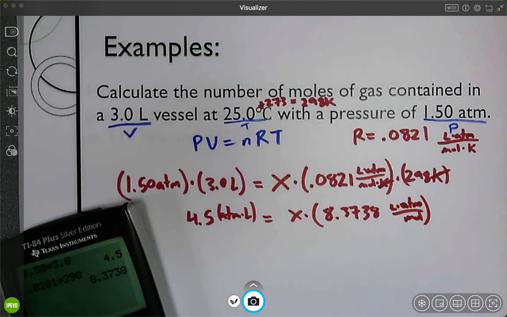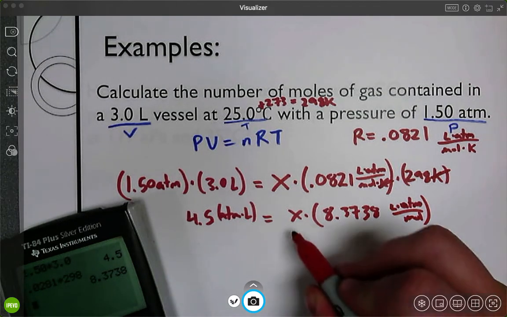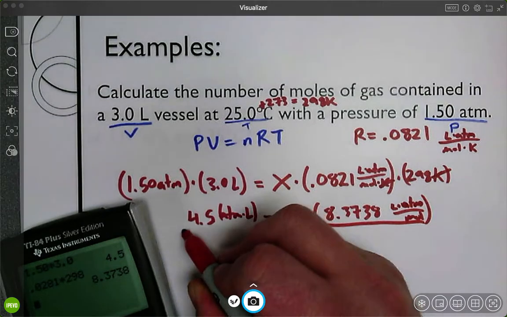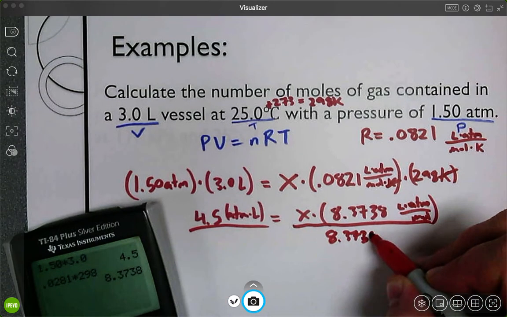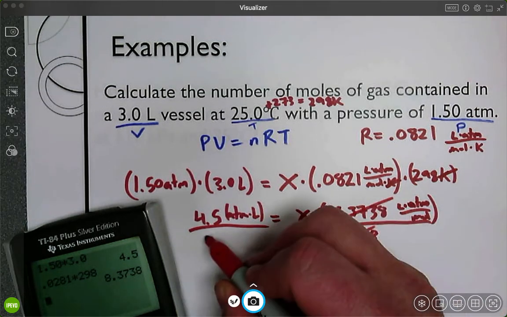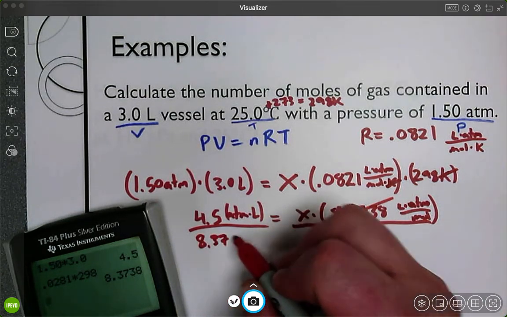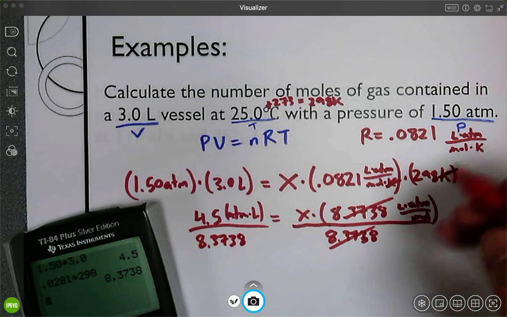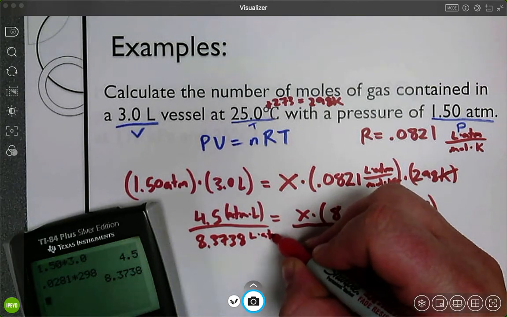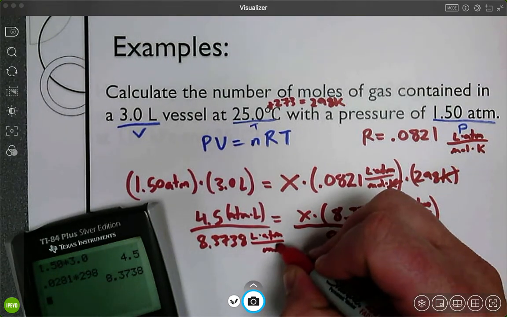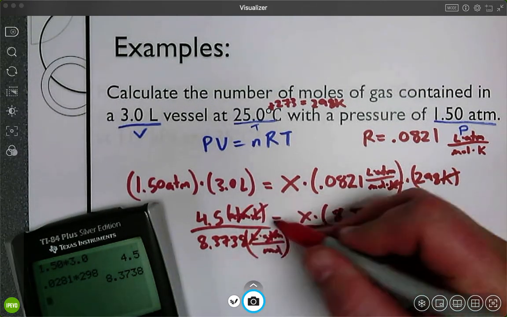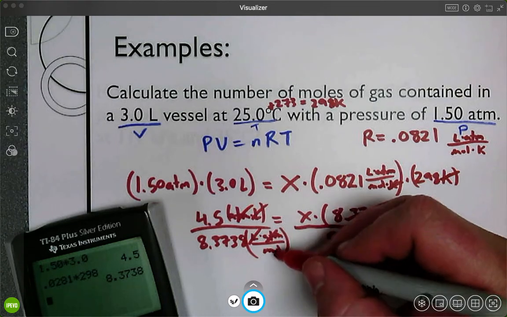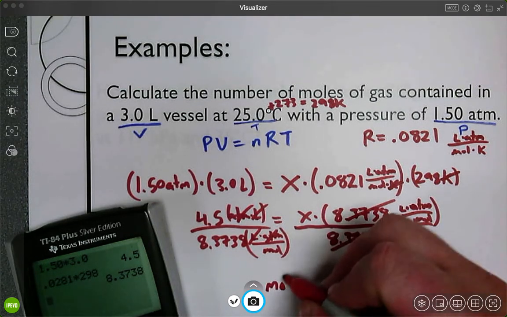Now I'm going to try to get X all by itself, so I'm going to divide both sides by 8.3738. Now the liters cancel, the atmospheres cancel, and that's divided by a mole, so we're going to end up with moles.